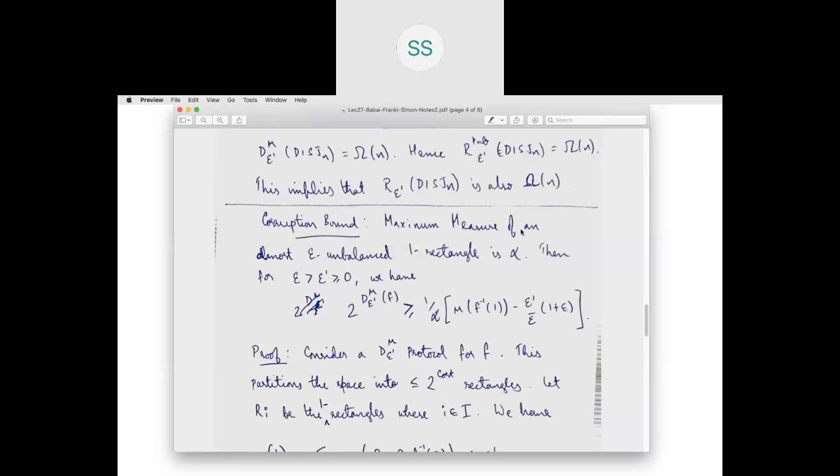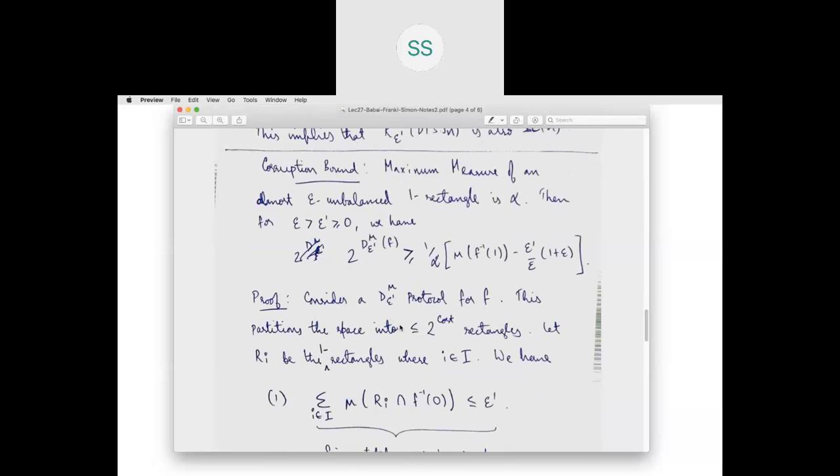Consider a function f. If the maximum measure of an almost epsilon unbalanced 1 rectangle is alpha, then for epsilon and epsilon prime both greater than 0, we have this. We have already explained this.